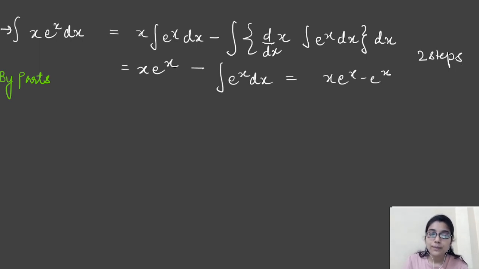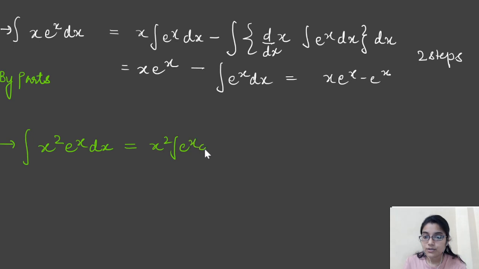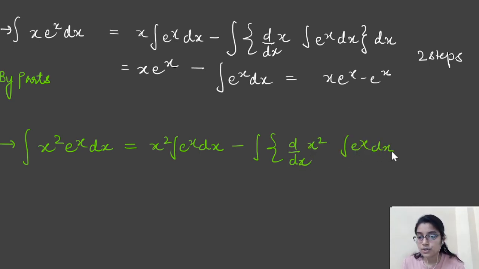Suppose I gave you one more question: solve x square e raised to the power x dx. What you will do is x square e raised to the power x minus the integral where you differentiate x square and integrate e raised to the power x. So it will be x square e raised to the power x minus the integral of 2x e raised to the power x dx.